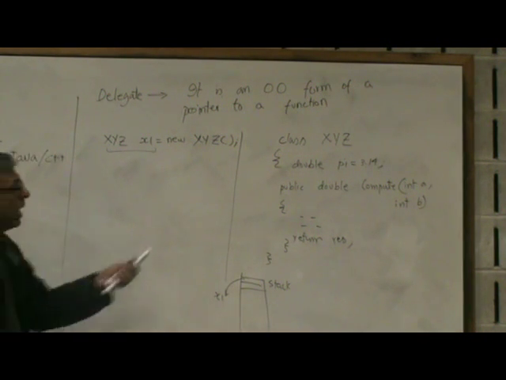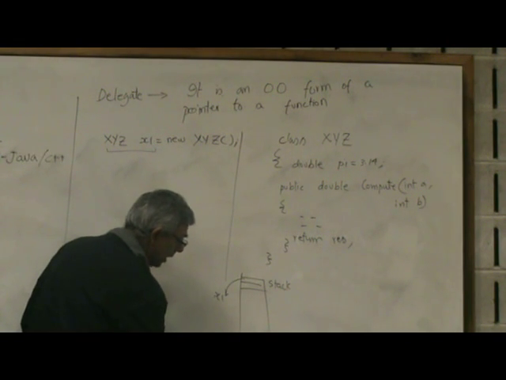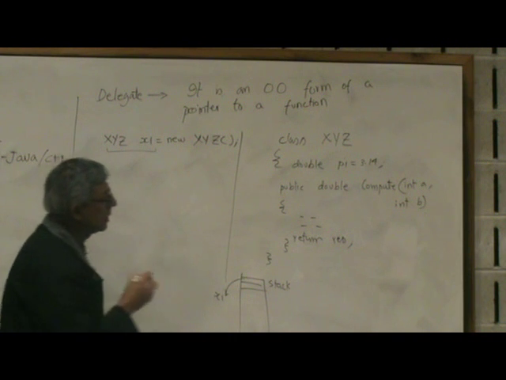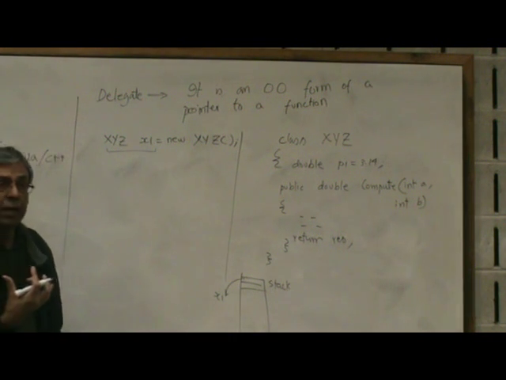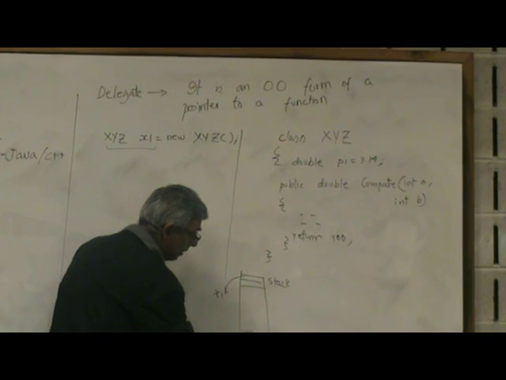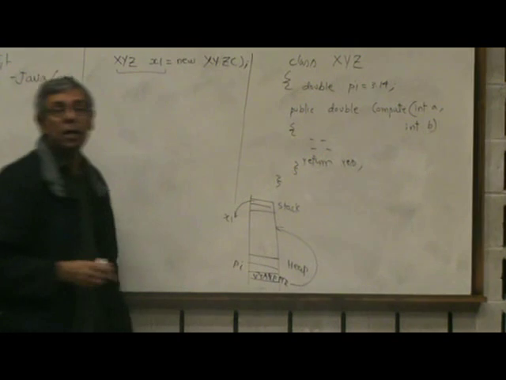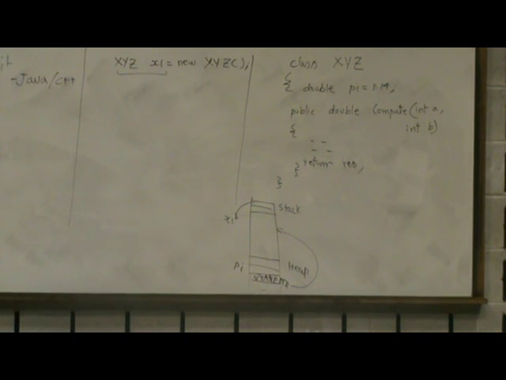The only field we have is pi, so we'll allocate memory for pi. Does it allocate some more memory in the heap? If you recall, it will also allocate memory for the vtable pointer, which further points to the vtable, which further points to the type info.